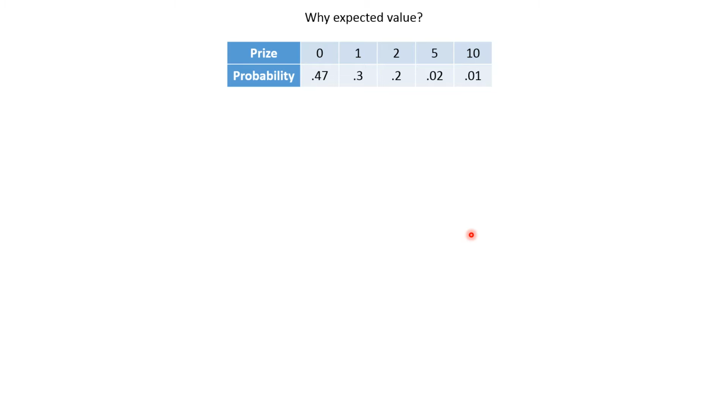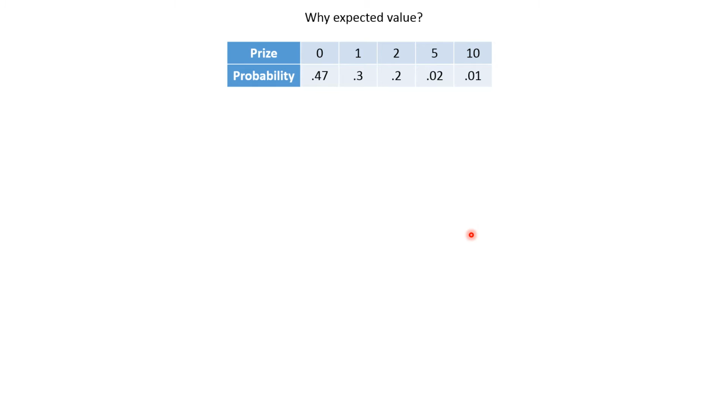In this carnival game, you can win money. You can win either $0, which would mean that you lost the carnival game, or you could win $1 or $2 or $5 or $10. And we can figure out the probability of each of these things, either theoretically, if we have something where a theoretical probability is possible, or just experimentally.